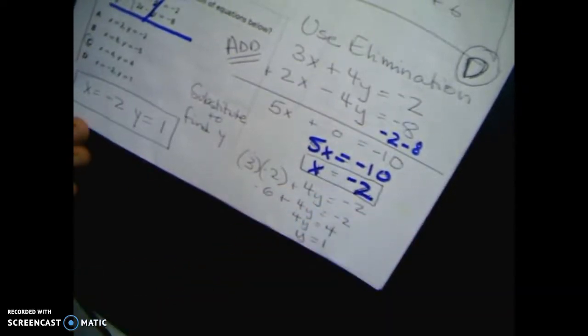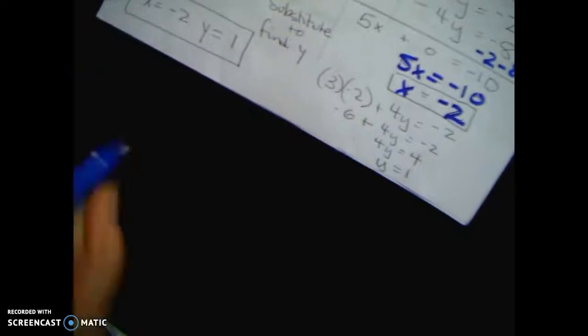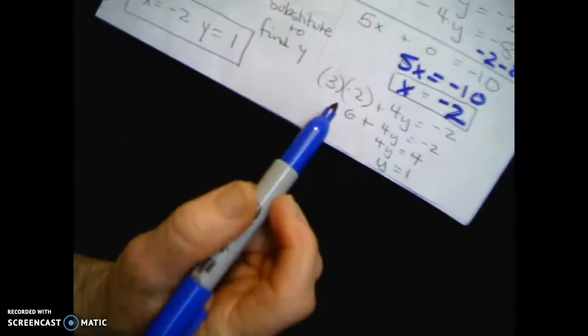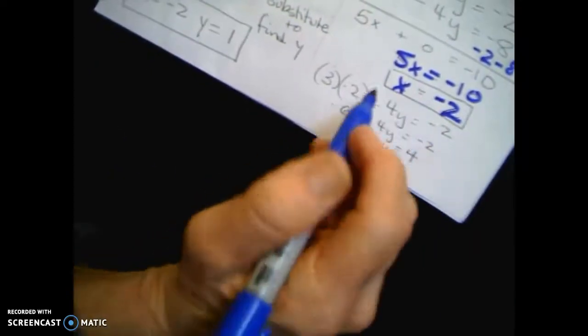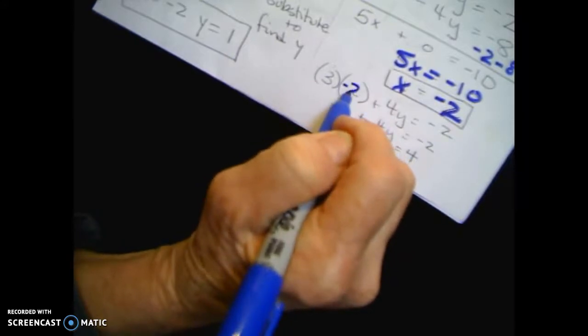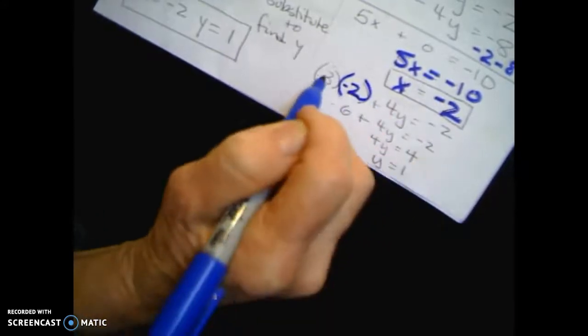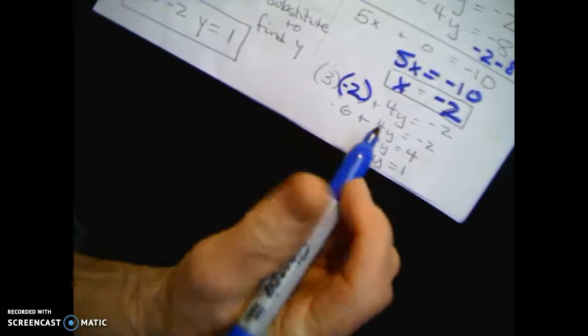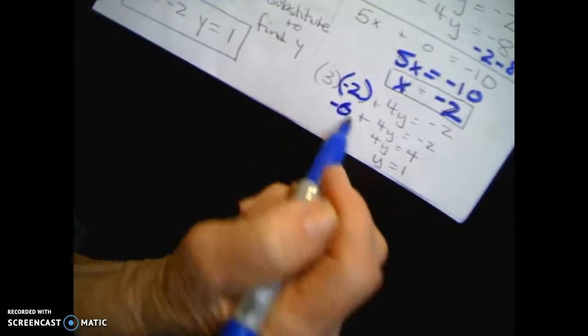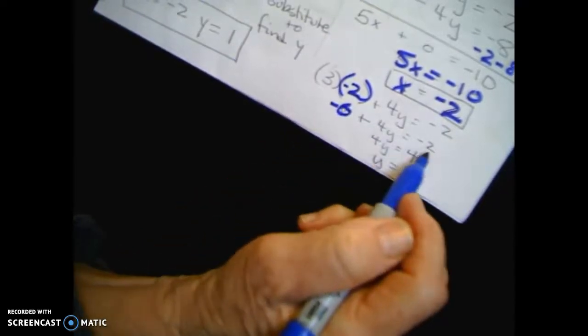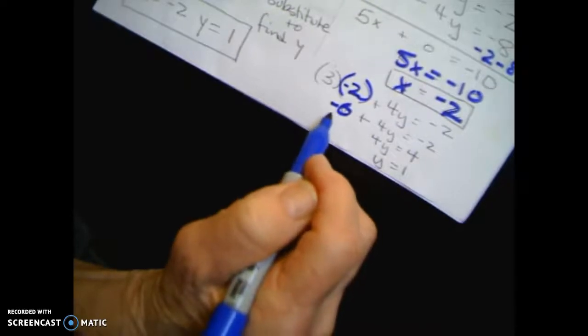In order to find my y, I substitute it into the first equation. So I take the -2, substitute it in for the x, multiply by 3, add 4y, -6 plus 4y equals -2. I'm going to add 6 to both sides.